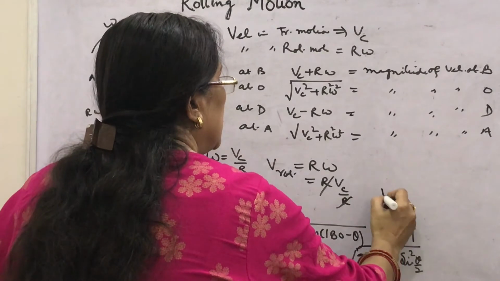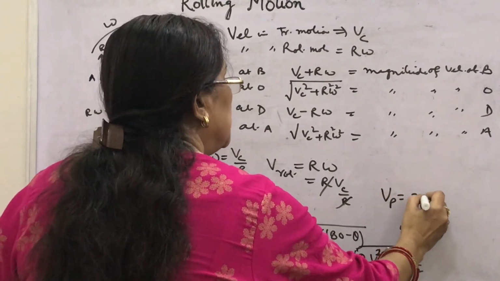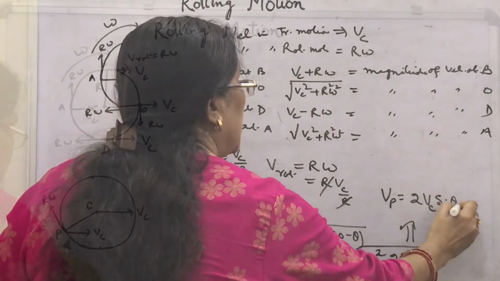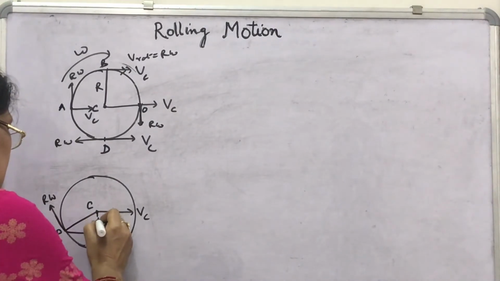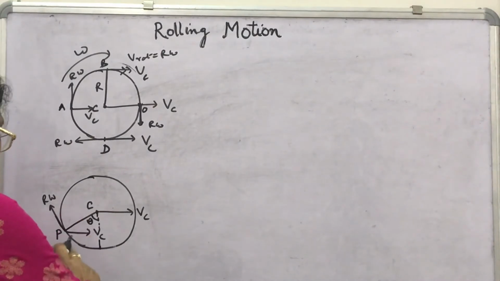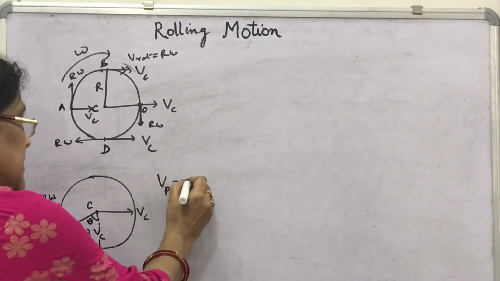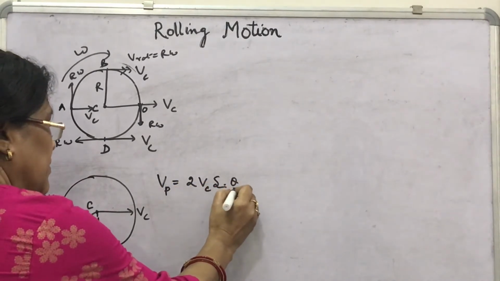Vp equals 2 VC sin theta by 2. We have seen that at point P, which is at the angle theta from the vertical, the velocity at point P is 2 VC sin theta by 2.